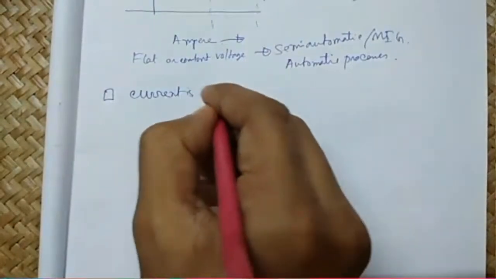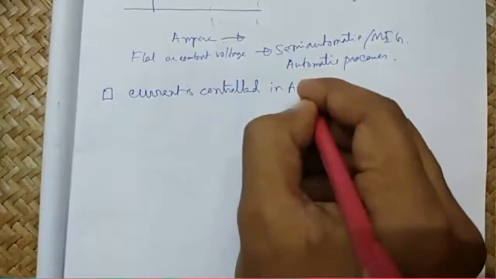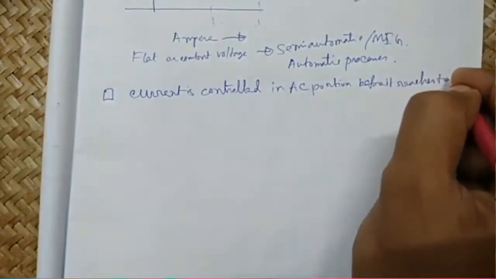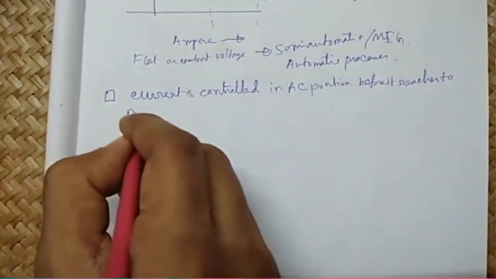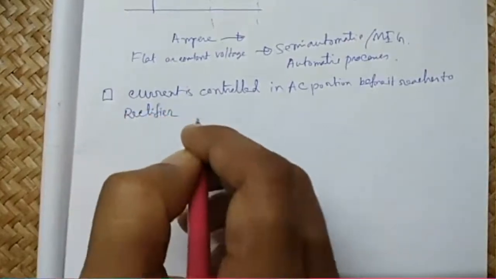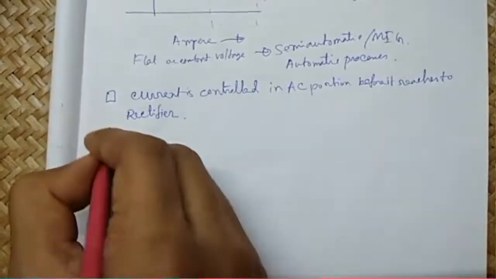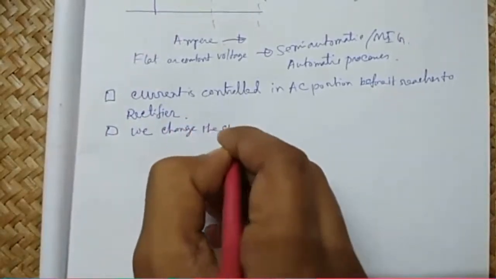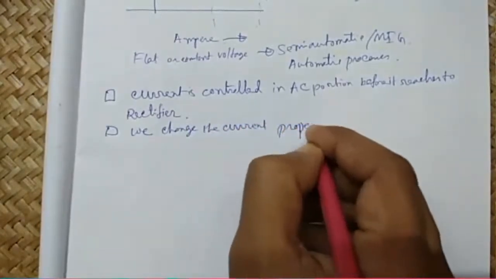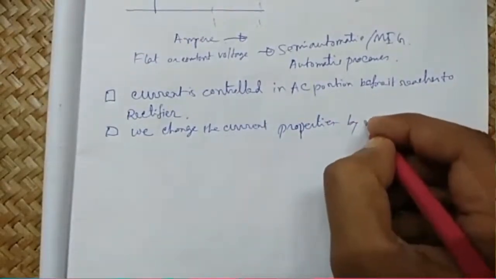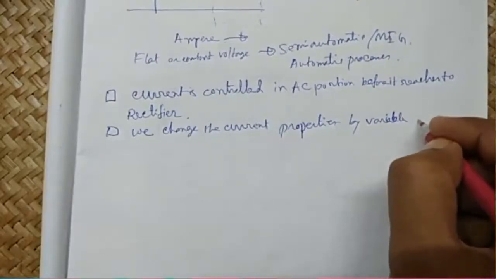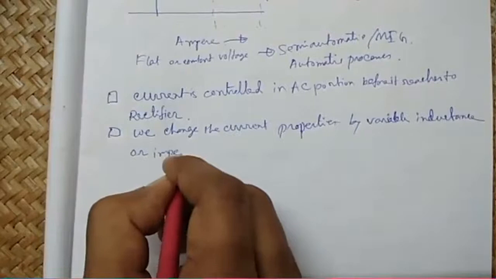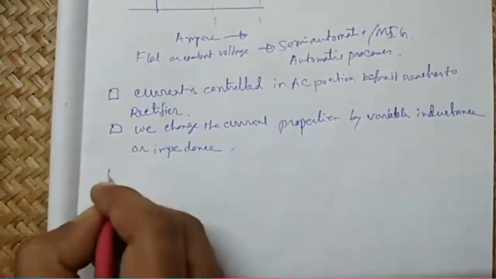Current is controlled in the AC portion before it reaches the rectifier, and we change the current properties by variable inductance or impedance. Various methods are used for that.